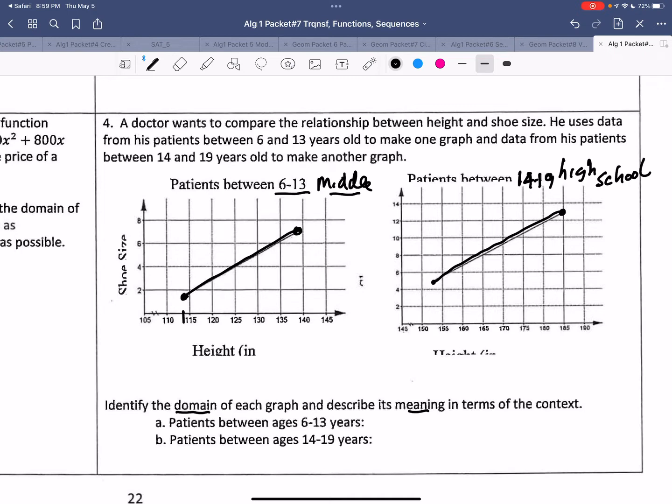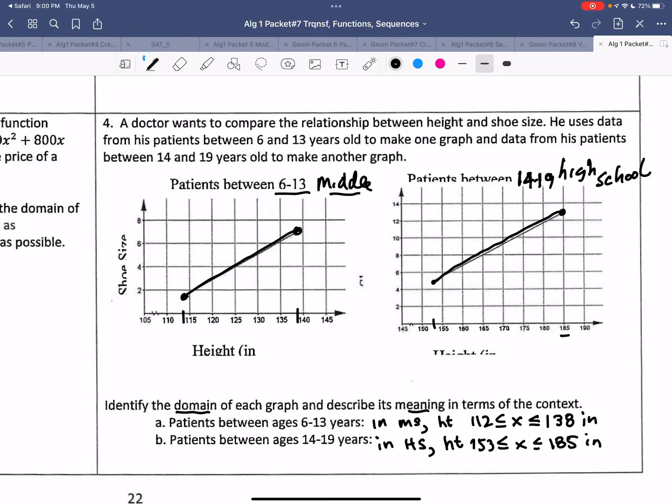So it looks like here in middle school, the height was anywhere from, it looks like 112 to about, what is that, 138 inches. And then in high school, the height was anywhere from 150, 153 there, it looks like, to 185.